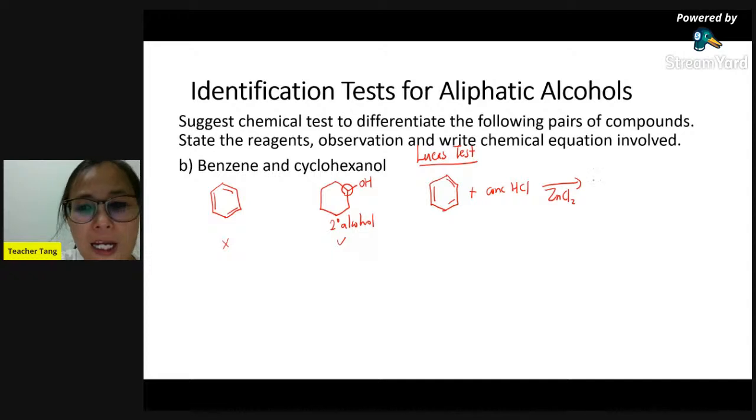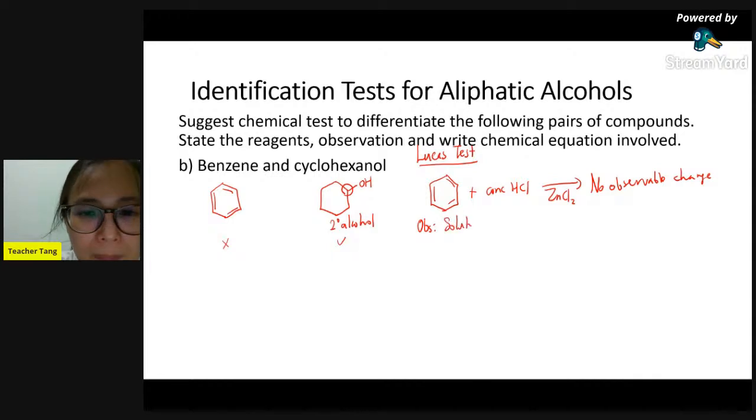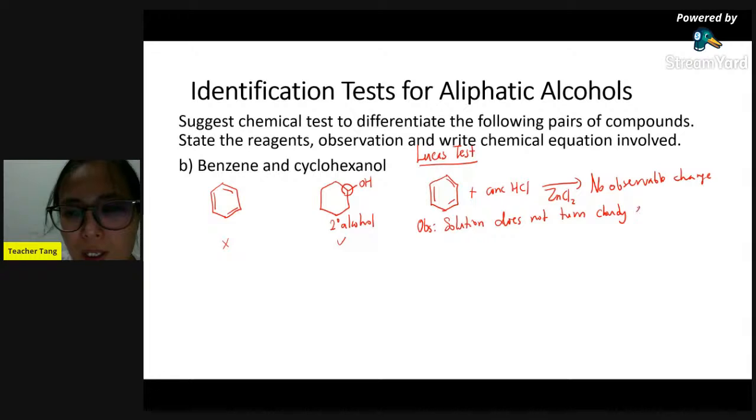Yang ni tak ada reaction, so we write no observable change. So observation will be solution. So tak ada product, so solution does not turn cloudy even after 10 minutes heating.